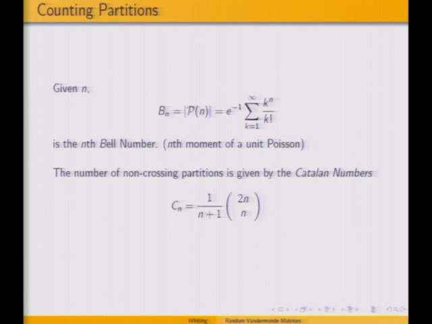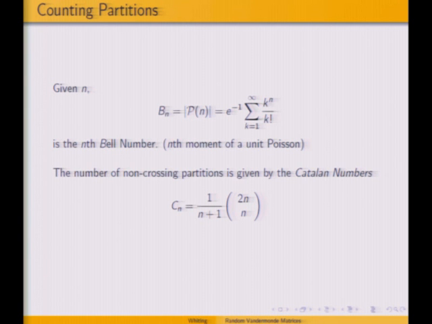All right. Now the number of partitions of a set is well known, and in fact it is the Bell number. This is the Bell number, which is the nth moment of the unit Poisson. That's because we have k factorial, e to minus 1 over k factorial, and then we're taking the expectation of k to the n. So that's nice.